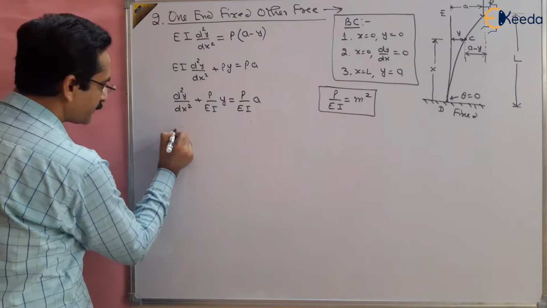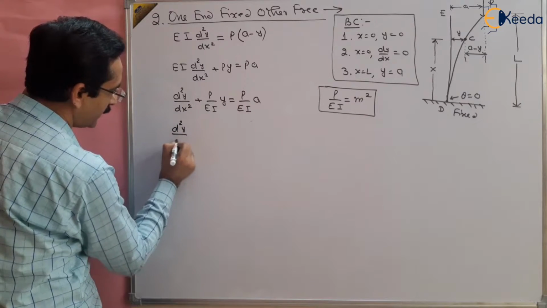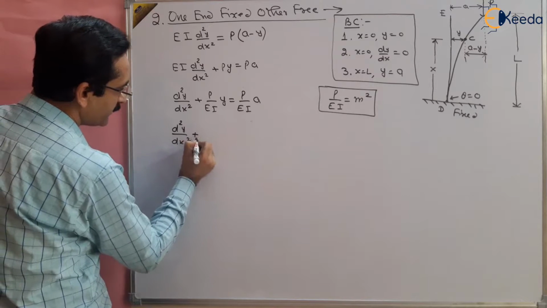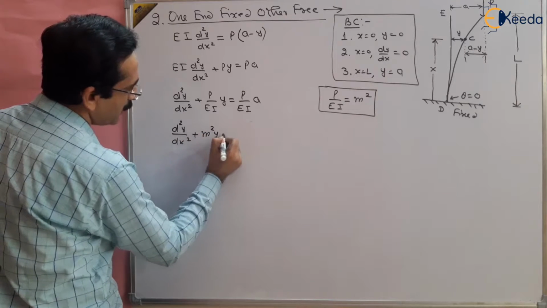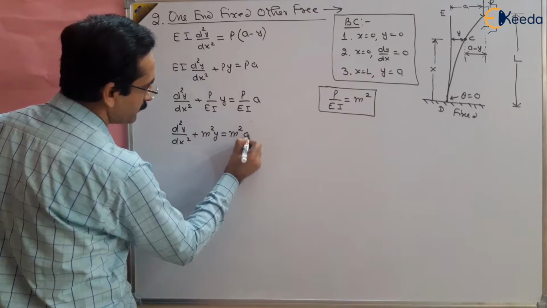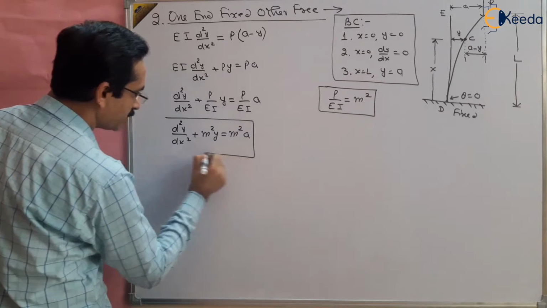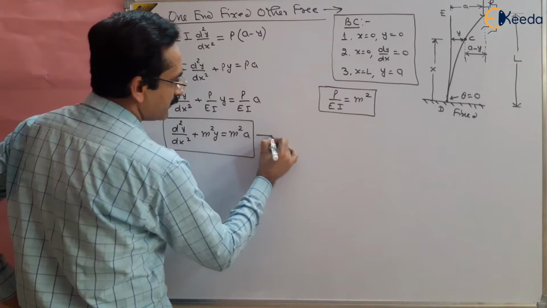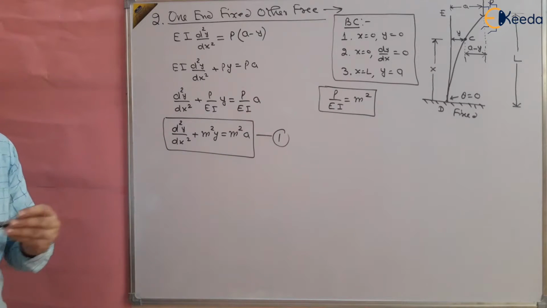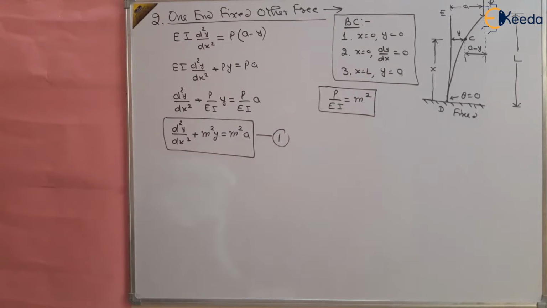So we can write d2y by dx square plus m square y is equal to m square A. This is the equation which we have to use to find Euler's load for one end fixed and other end free, right? So d2y by dx square plus m square y is equal to m square A. This is the first equation.